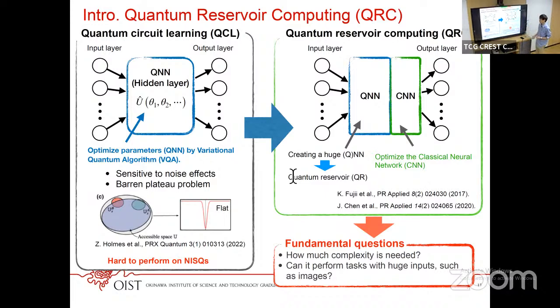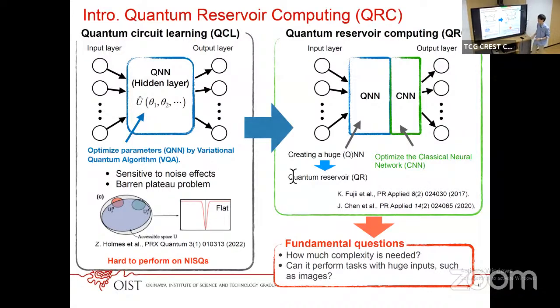In the original proposal, they tried to use quantum reservoir computing to solve temporal datasets, like voice recognition or video, because classical reservoir computing was also proposed to solve voice recognition or video.